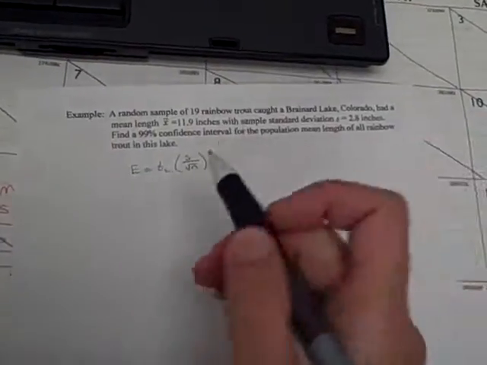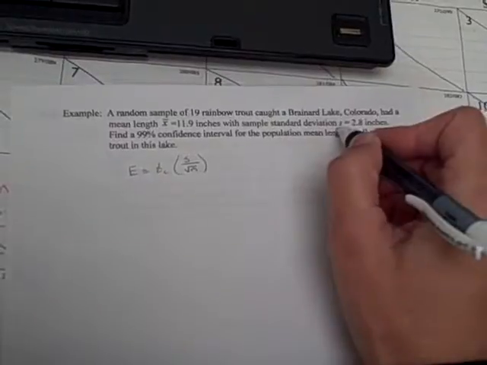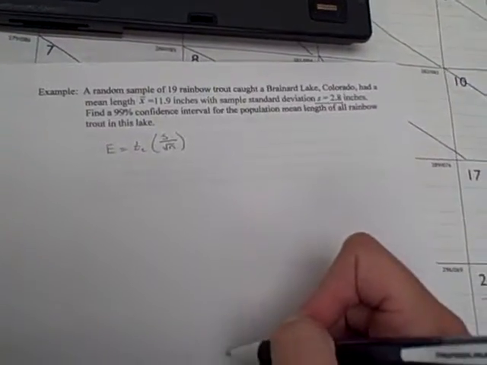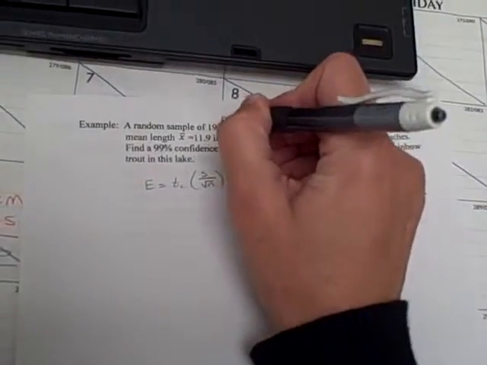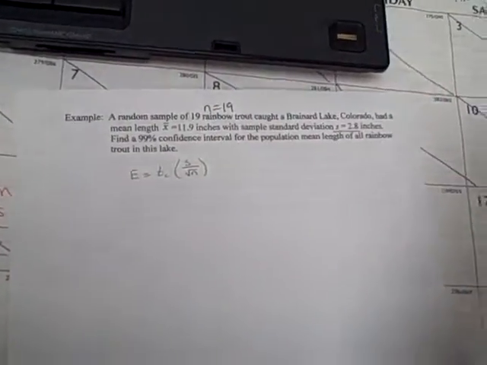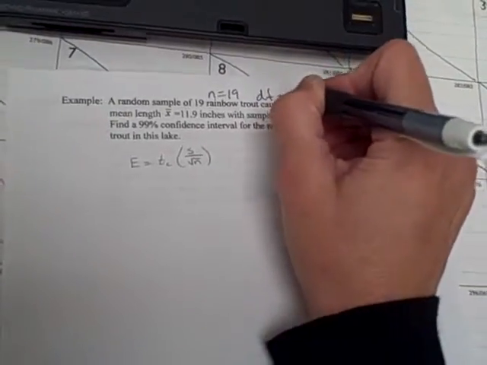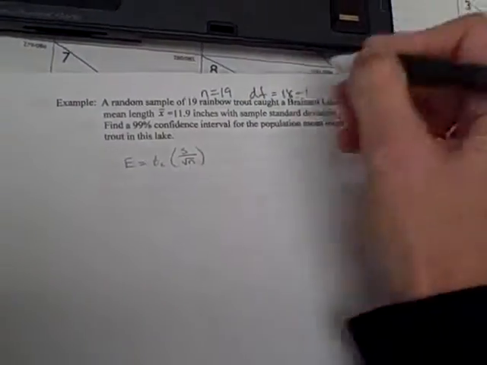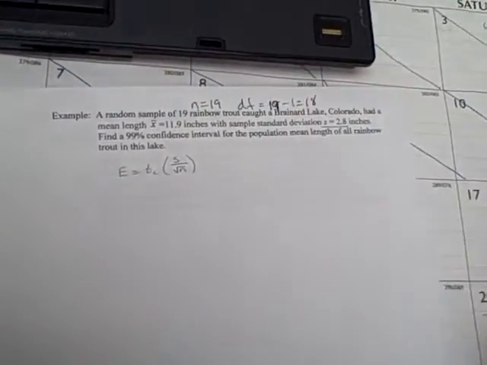All right, so first of all, we have to find that maximal margin of error, which in this case, because we are given the sample standard deviation S, we are going to use a t critical. Now our sample size is 19, and anytime we go to our t table, we need the degrees of freedom, which is 19 minus 1, which is 18.